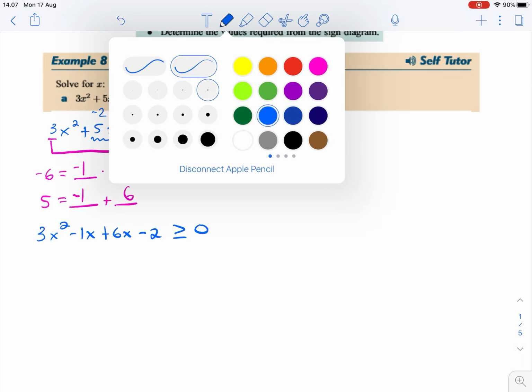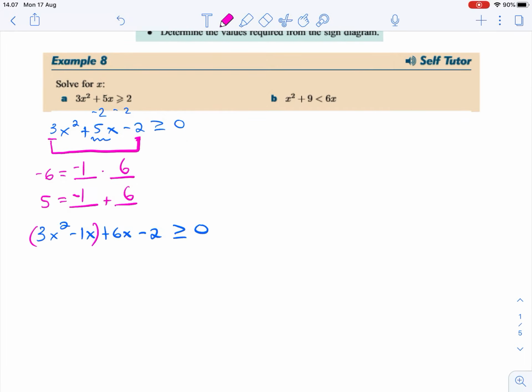Now I'm going to factorize by grouping, taking out the common factors. This is equal to, I'm going to take out an x here, so x times 3x minus 1. And then here I'm going to take out a 2, so plus 2 times 3x minus 1.